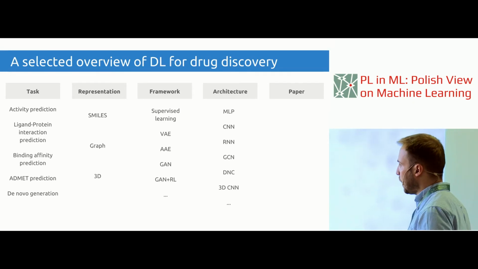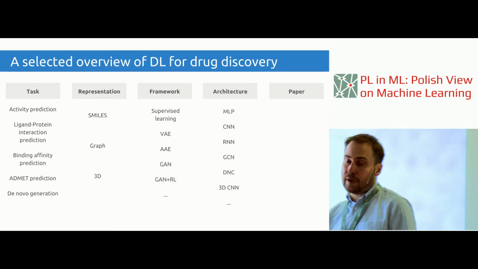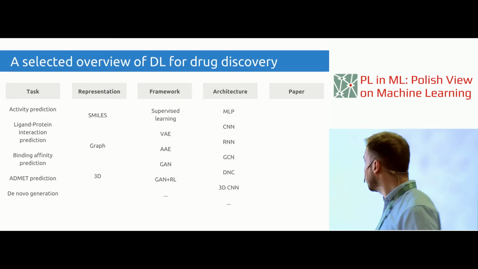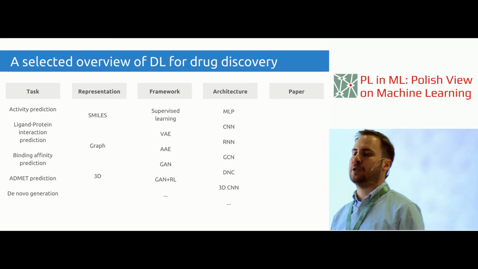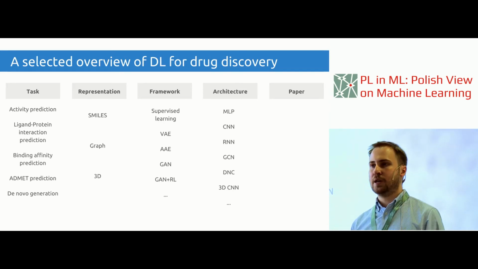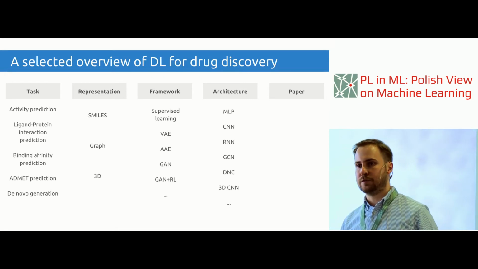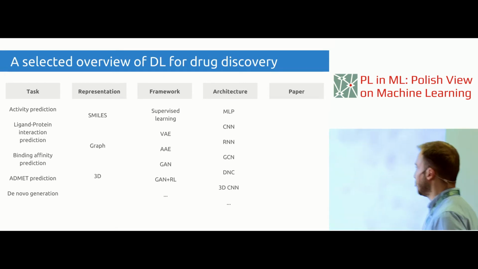Then, of course, it depends what kind of task you selected. So you also need to choose a supervised or unsupervised framework, and then design the model architecture. So for example, if you decide on generative adversarial networks, you need to decide what kind of discriminator you will use and what kind of generator you will use.